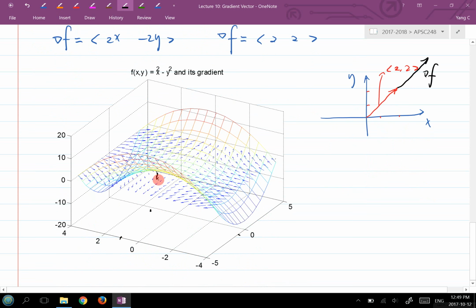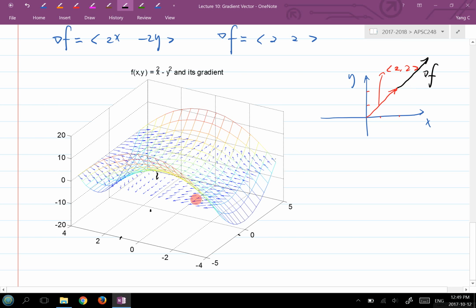So does a unit gradient vector have any meaning? Yes, it does. But in this case, what we're drawing here is not a unit gradient vector, just the gradient vector. If the length of the vector were 1, of course, then all the lengths would be the same, right?